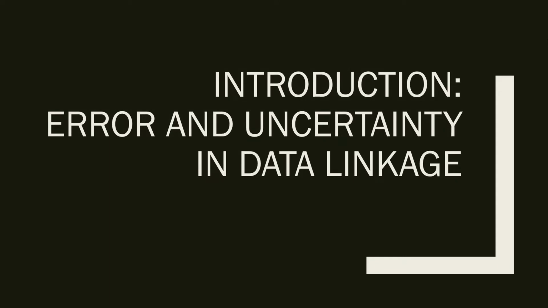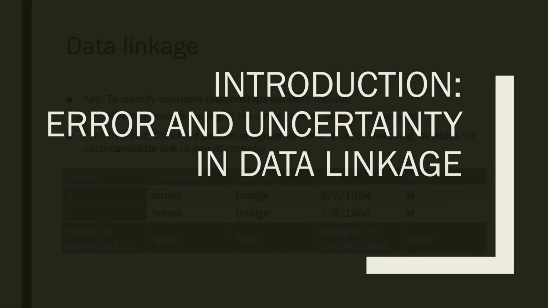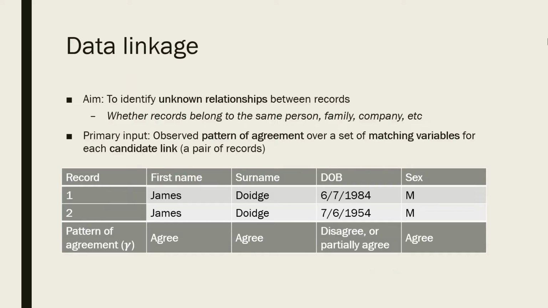So, error and uncertainty in data linkage. The aim of record linkage is to identify unknown relationships between records. Usually this is whether or not two records relate to the same person, but it could also be whether they're the same family, or whether they're mother and son, whether it's the same company, or any entity. Really, it's any unobserved relationship between records.